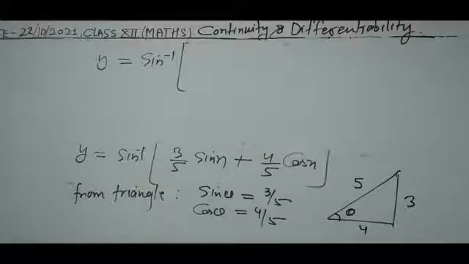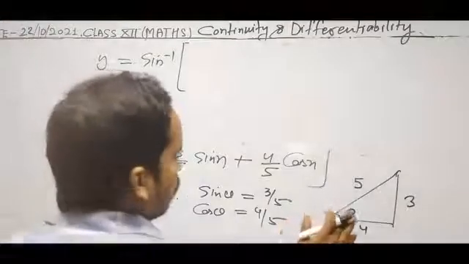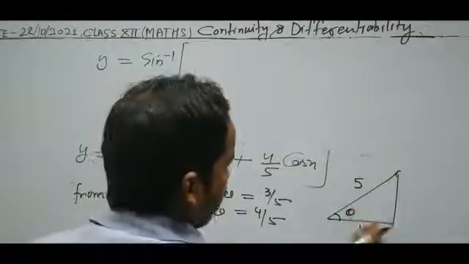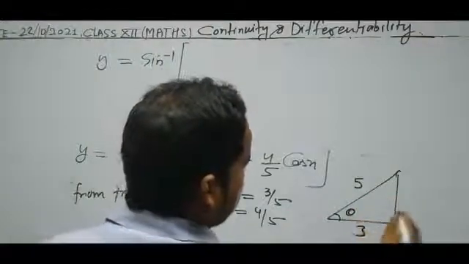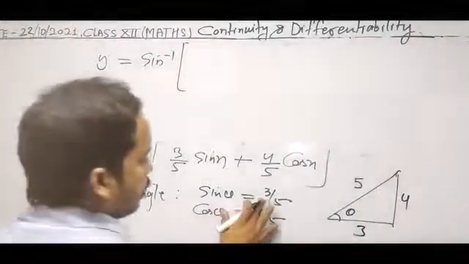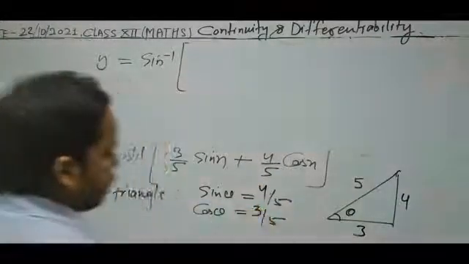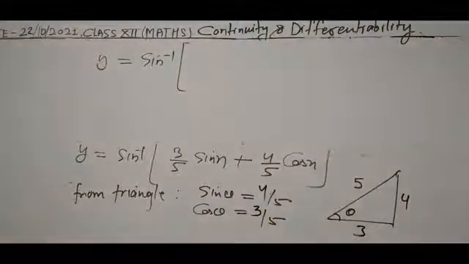And now in this triangle you can also take this as 3, because we have to change. This ratio will be 4. Now the sin theta ratio will be 4 by 5 and the cos theta ratio will be 3 by 5. We have considered this.